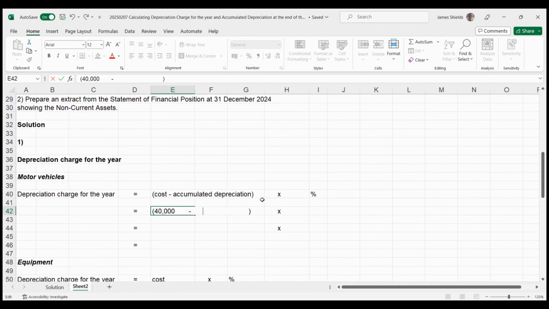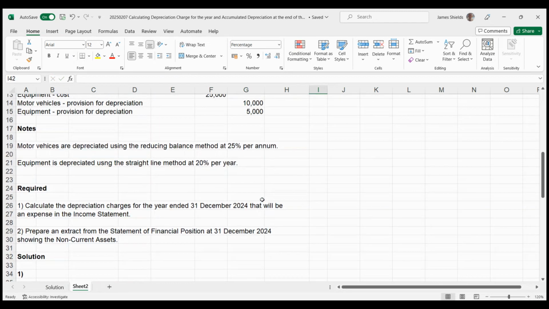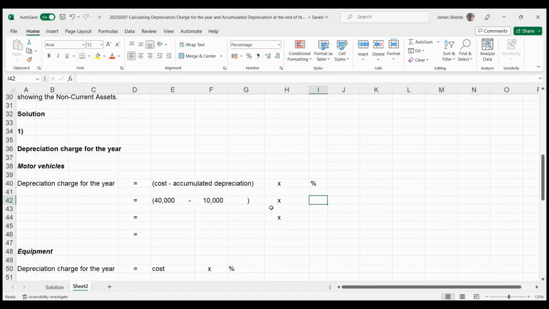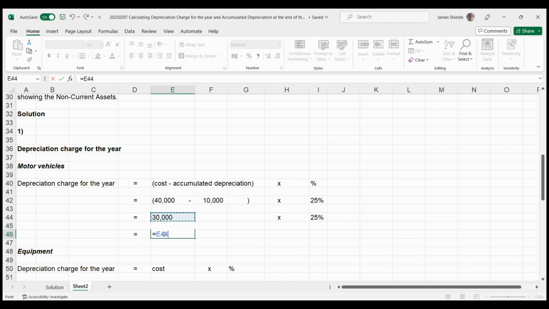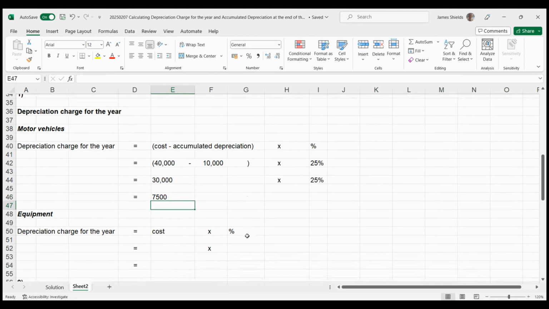So it's going to be take away £10,000. We're going to times that by the percentage. We're told the percentage in the notes, 25% per annum. So the 40,000 take away the 10,000 gives us the 30,000. And we times it by the 25%. That should come to £7,500. There we have it, £7,500.